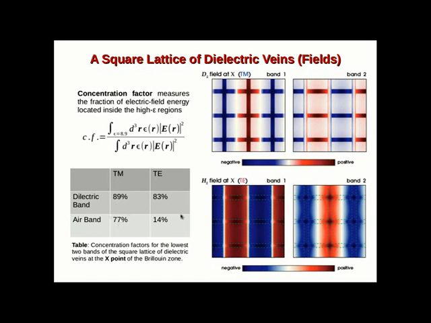If you look at the field plots for the TM mode at the gamma point, you see that the electric field, or displacement field, is confined inside the dielectric region. For band 1, it is confined in the vertical veins and in the cross region.